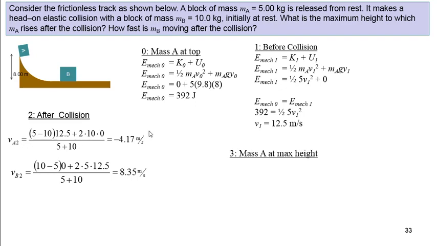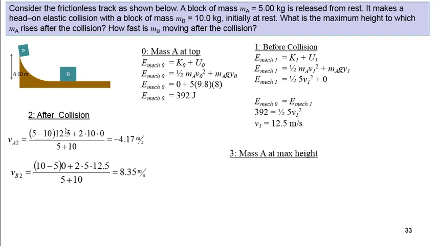So I can just go straight to using these equations where I have the two masses, I have the speed of mass 1 right before the collision, here's the speed of mass 2 right before the collision, and then here I'm looking at it for object 2, or let's call it object B. Here's my two masses. This is the velocity of object B right before the collision, and this is the velocity of object A right before the collision.